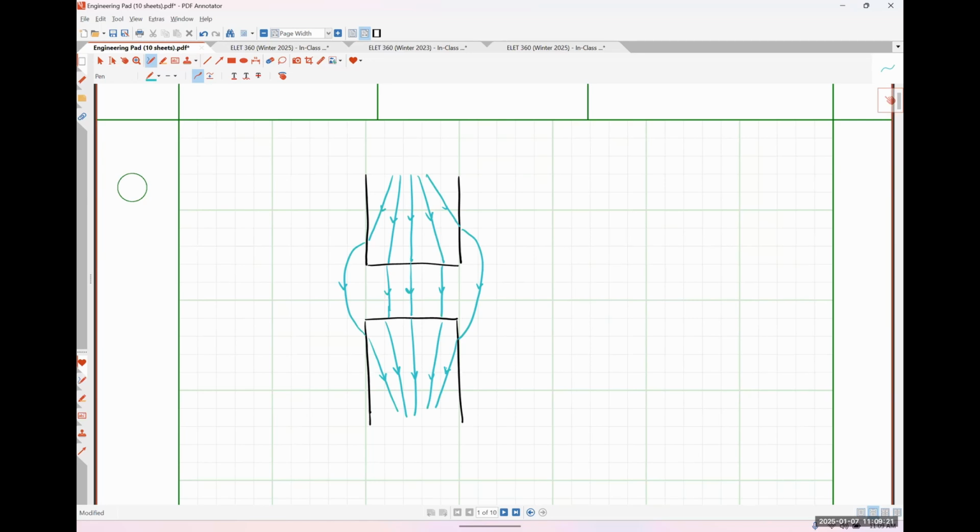So effectively, if this area right here represents the width of the core, then this total distance right here, we would treat as the width of the core plus LG.